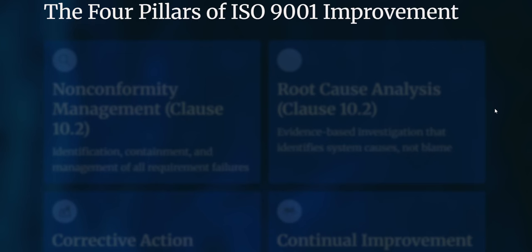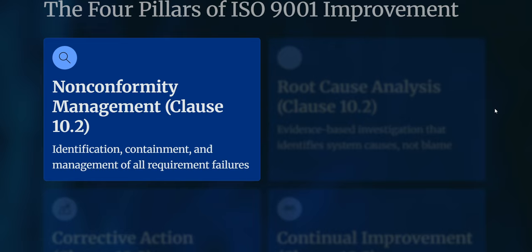The four pillars of ISO 9001 improvement. The first pillar is nonconformity management, and that's Clause 10.2, which includes identification, containment, and management of all requirement failures.